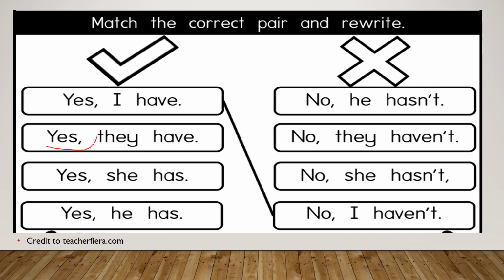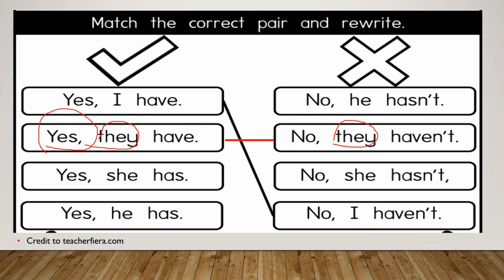Number 2, yes, they have. Okay, so let's look for the no answer. Which one has "they"? So, this one, "have they". So the answer should be yes, they have, and the pair is no, they haven't.